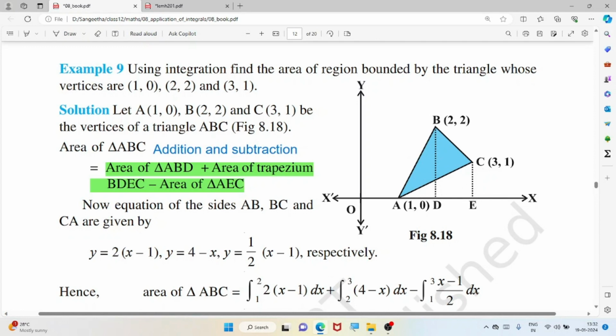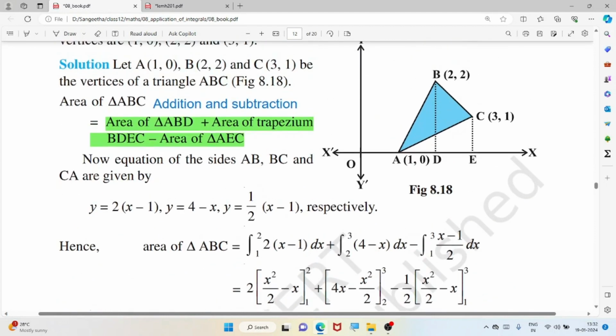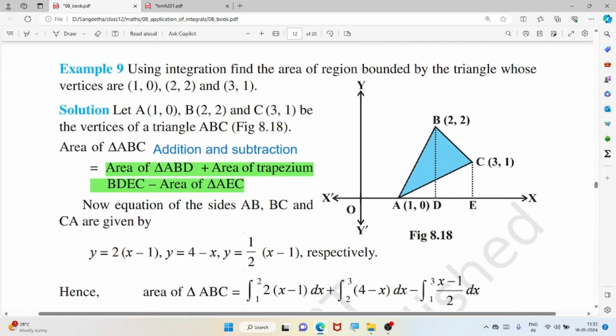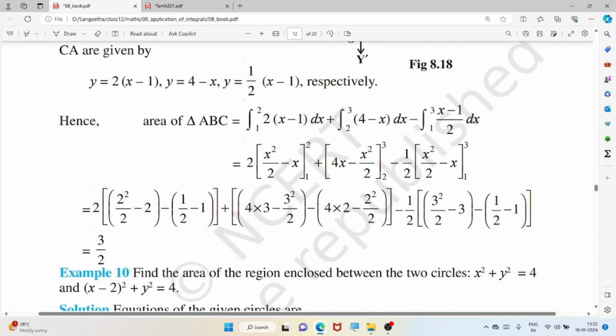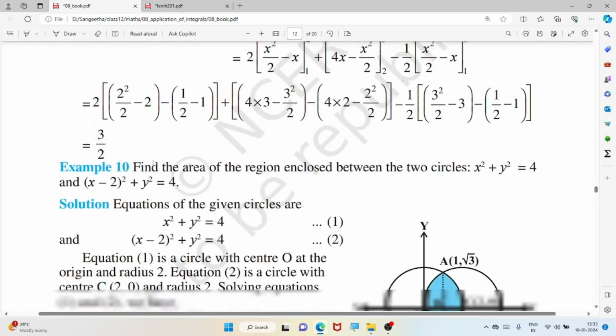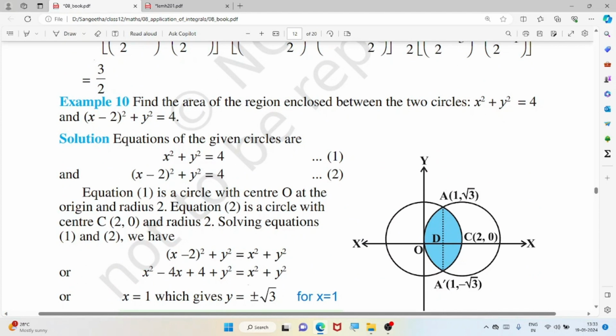We are adding this triangle plus trapezium area and subtracting this triangle, then only you will get this shaded area. So first, based on the given problem you arrive at the integration, then you have to apply the rules from your chapter 7 to find the result of this integration, then apply limits. Chapter 7 is important.